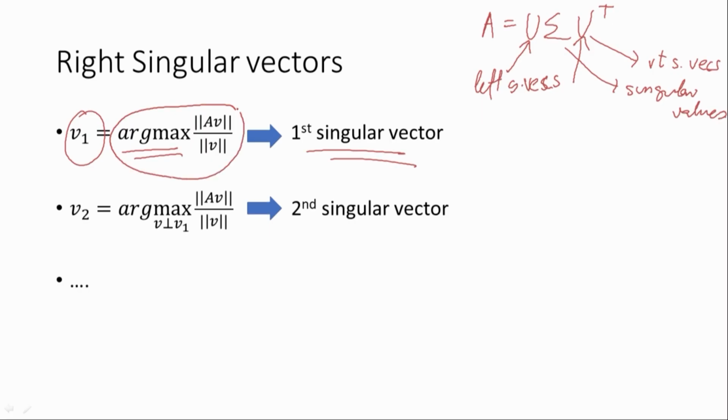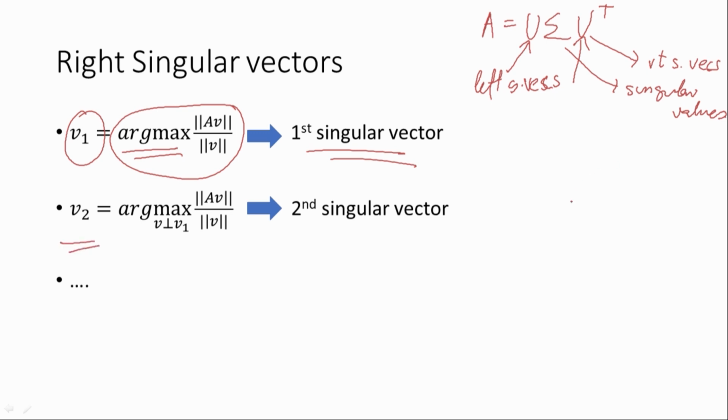As we arrange the sigmas in decreasing order, sigma 1 is the maximum, and you look at the first column of V. The claim is that what you get by doing an argmax of this is just the first singular vector.